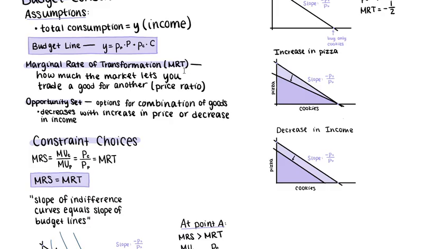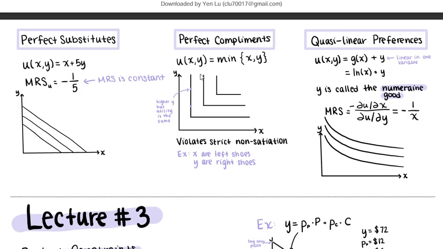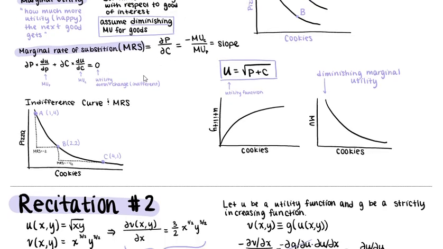The price ratio, because price depends on the market. It's all aggregate consumers depending on which prices they're willing to accept. So MRT is the market telling you the ratio to trade, and the MRS is your willingness to trade.